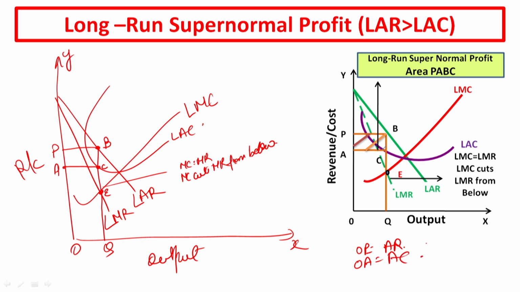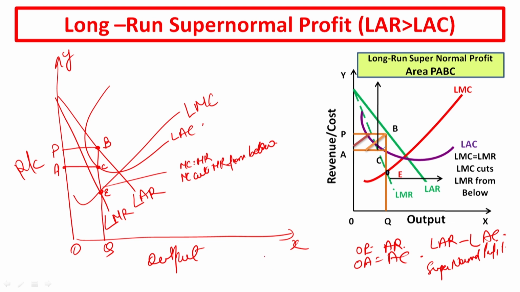When you subtract the long run average cost from the long run average revenue, you will get the supernormal profit.